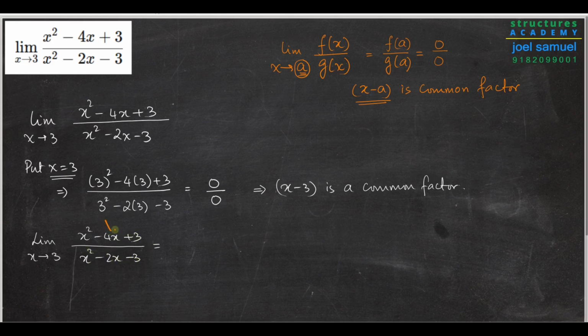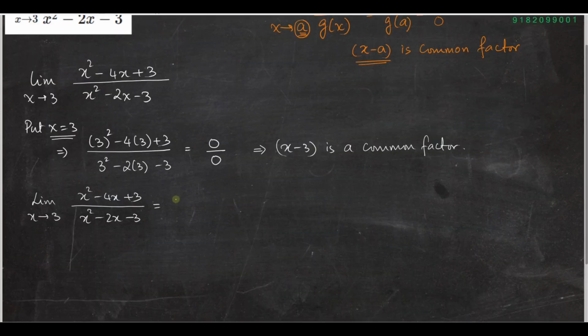Now we employ the splitting the middle term technique which you would have learnt in lower classes, which becomes the limit as x approaches 3. This can be written as the product of (x − 3) into (x − 1), and the denominator can be written as the product of (x − 3) into (x + 1).